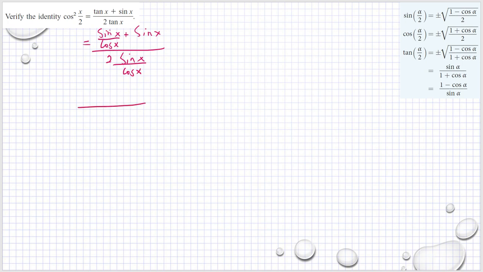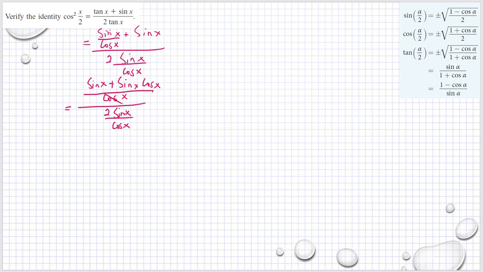Then we have sine x plus sine x cosine x over cosine x, over 2 sine x over cosine x.